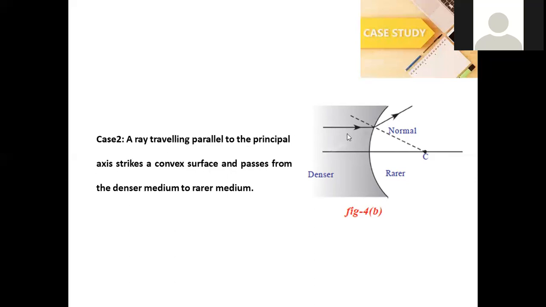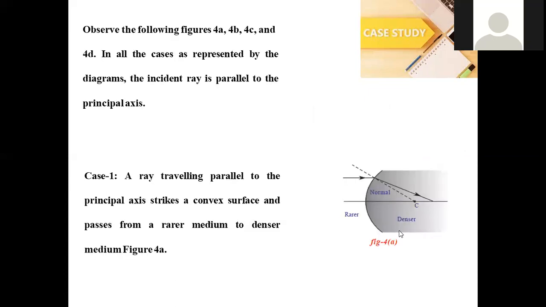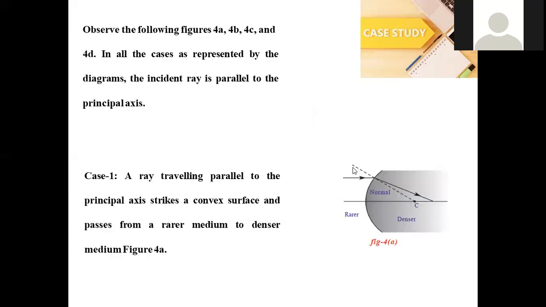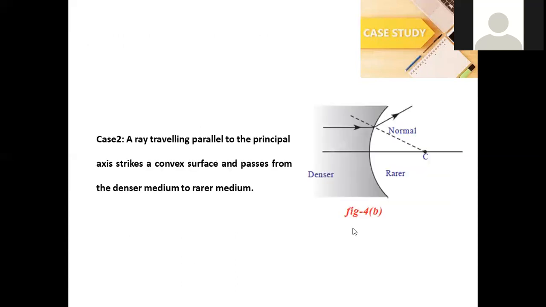Again, we are considering a convex mirror, and the denser medium was taken, and from this denser medium the ray entered into a rarer medium. This is the converse of figure 4A. In figure 4A, rarer to denser. In figure 4B, denser to rarer medium. So you can clearly observe that bending of light is possible and it coincided on the principal axis, moving towards the normal. That is condition 1.